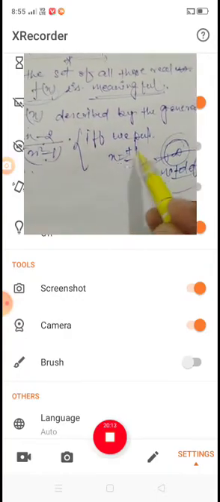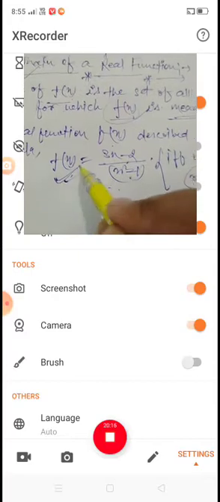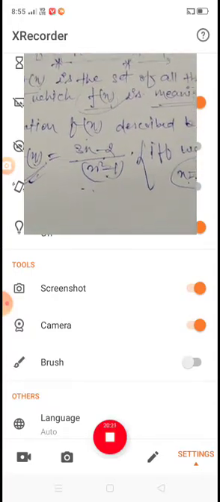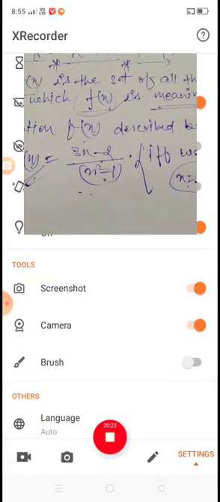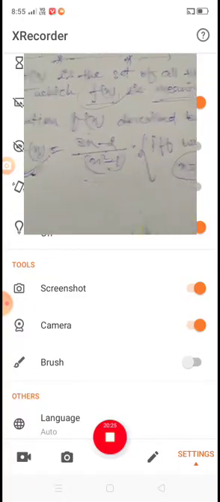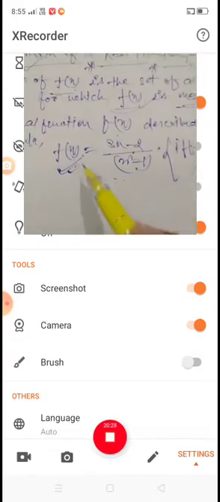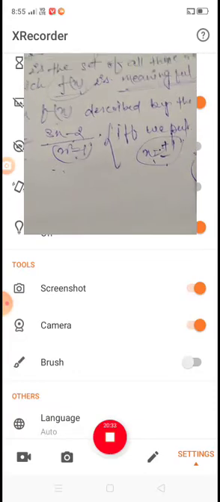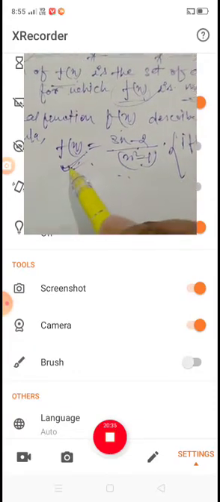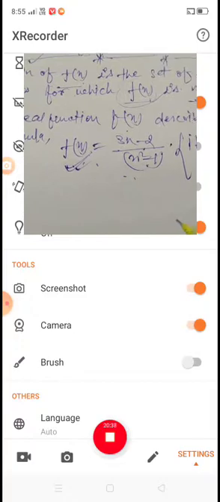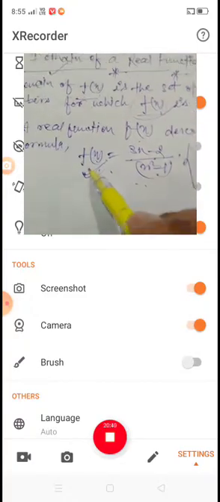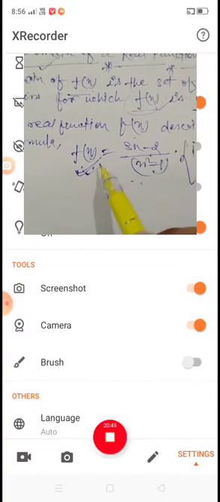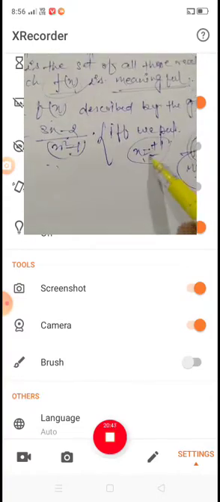So at x is equal to plus or minus 1, this function is not meaningful, that is, not defined. Okay, यानी कि at x is equal to plus minus 1, the denominator becomes 0. So we can say that the domain of this function f of x is the set of all real numbers other than minus 1 or plus 1.